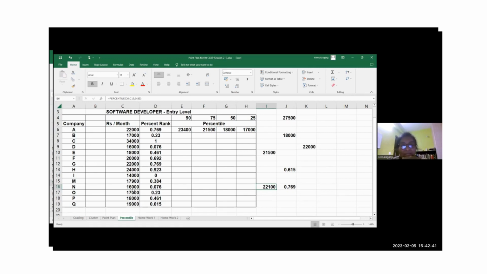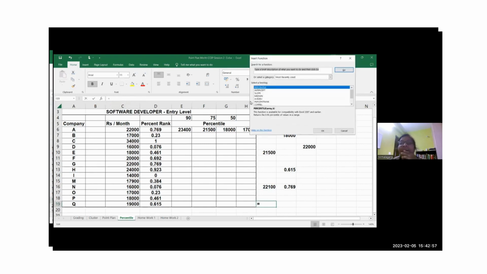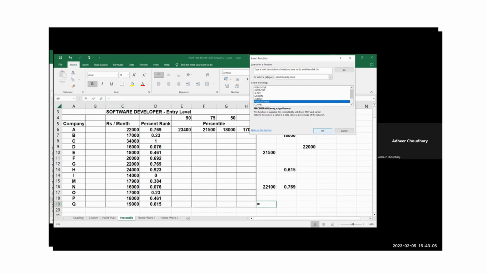How will I do it? First we find the percentile, using FX. Now what will I do? Use percent rank. Got it? Then say okay.